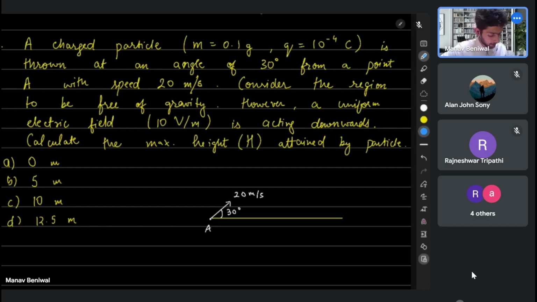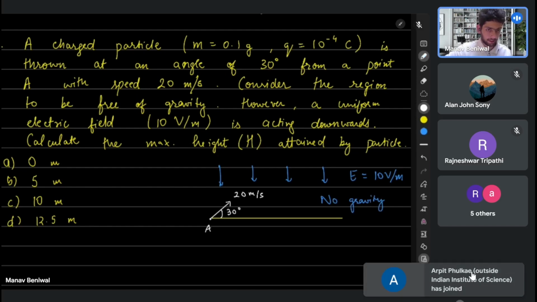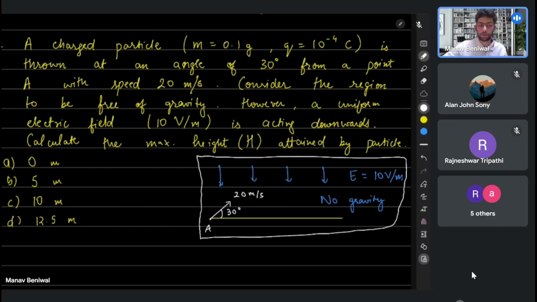And in this region everywhere we have a uniform electric field, given by E equals 10 volt per meter, and there is no gravity. No gravity. Is the question clear? There is a region, and this region is free of gravity.